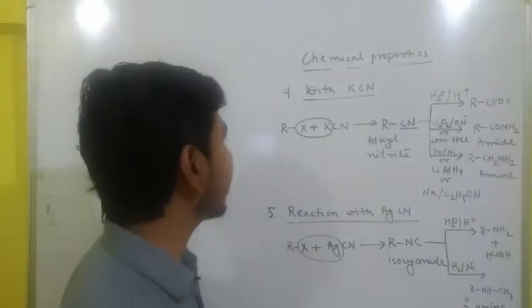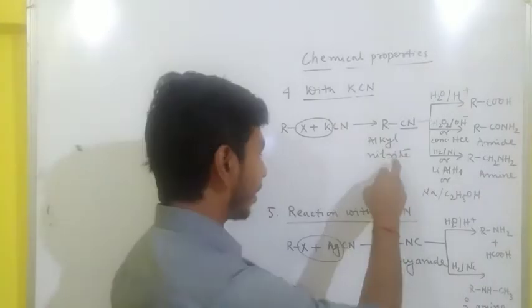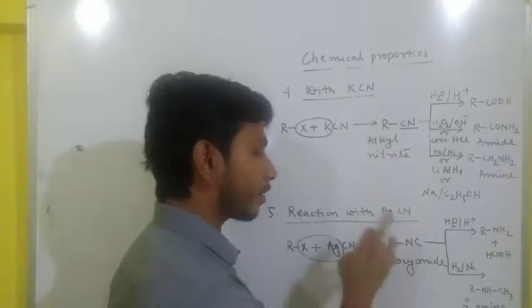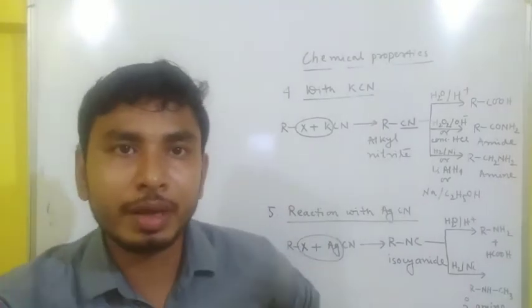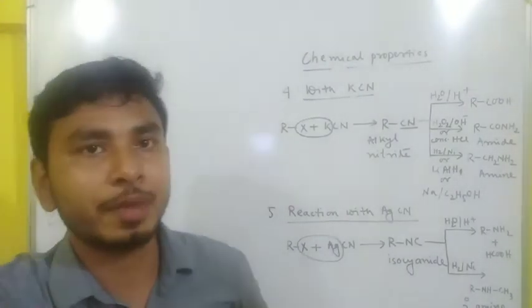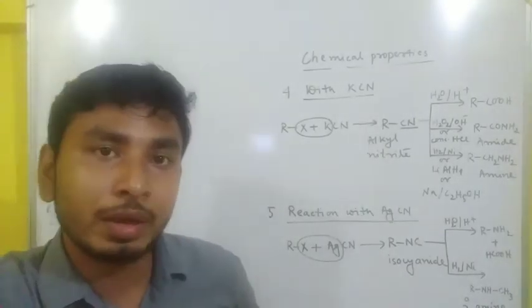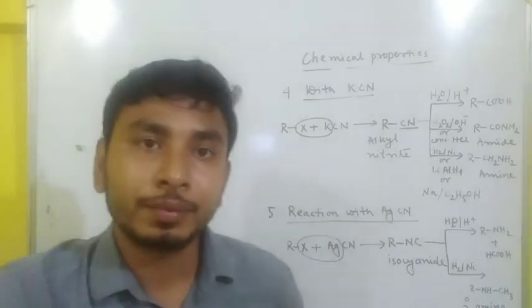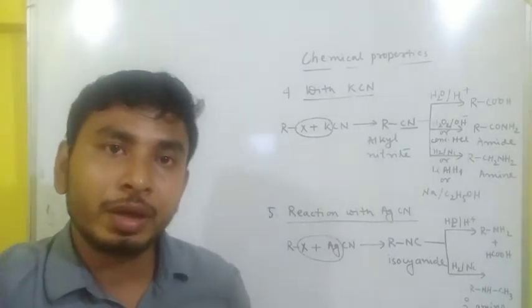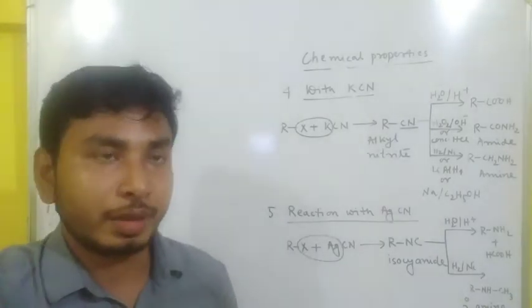Now my question is, with KCN it gives the cyanide, that is nitrile, and with AgCN it gives the isocyanide. Why does one give the cyanide and the other the isocyanide? We will discuss this question later. The explanation is based on ionic and covalent nature.